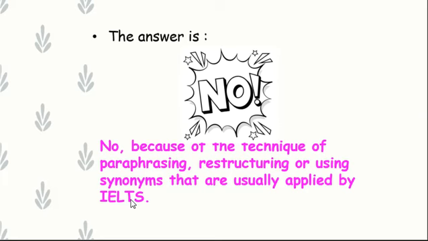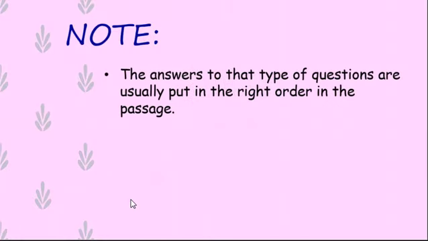So in this way you find that there are 3 techniques used in making the question, so don't try to find the exact sentence in the passage, because you will not find them the same as they are. Note, the answers to this type of question are usually in the same order in the passage, which makes it easy.